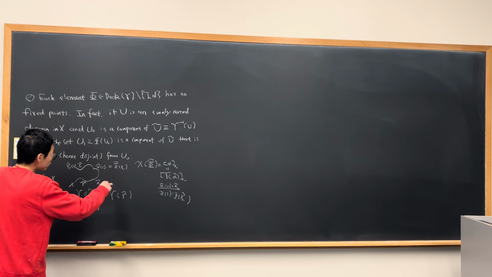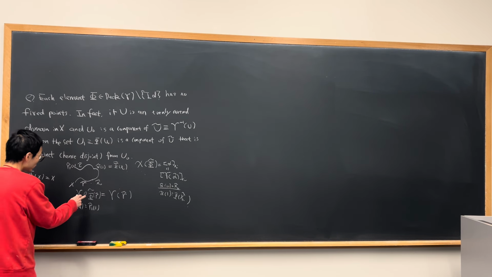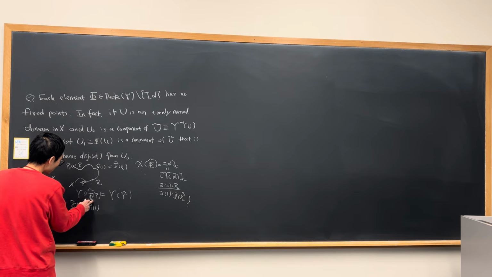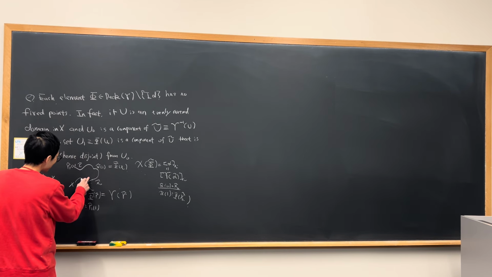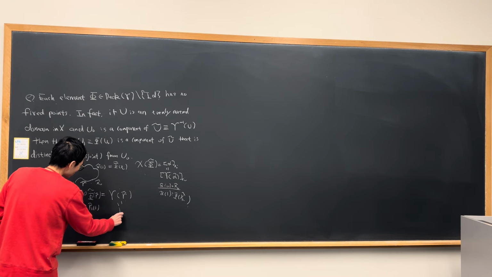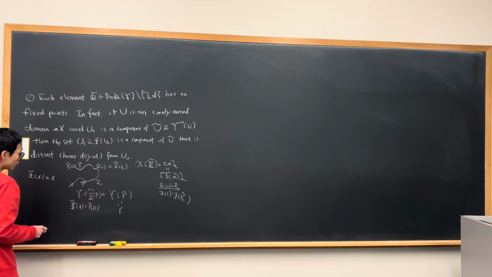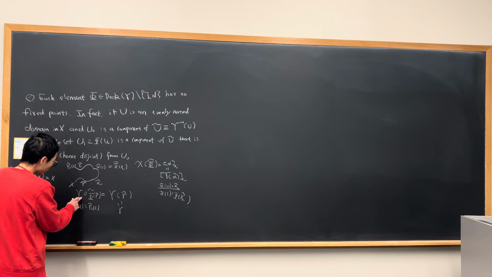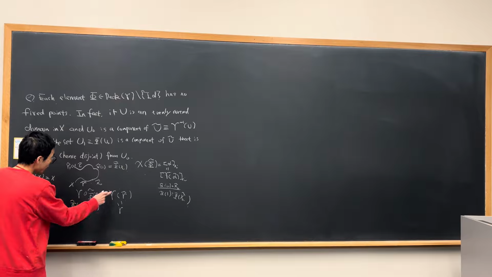So basically, the way I show that is because this is a lifting. This one, by definition, is equal to gamma, and this one, which is the same thing, is also a lifting.